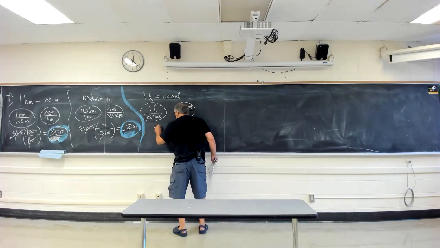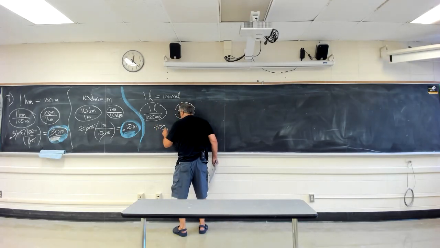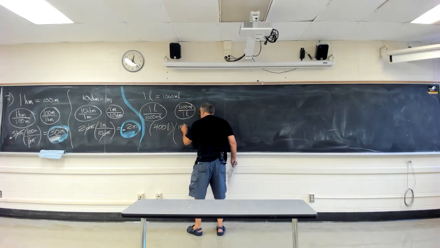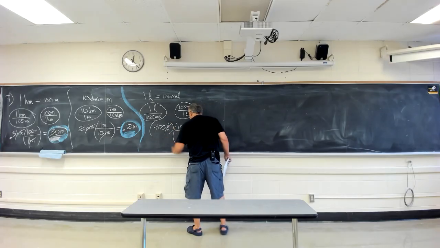They want to know, how many milliliters did he sell? Well, milliliters are pretty small, so it's going to be a number bigger than 400. It's going to be 1,000 milliliters every time you got a liter. Every time you got a liter, you got this.